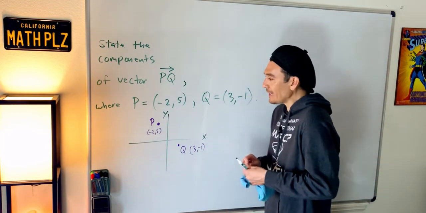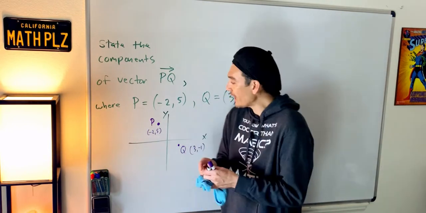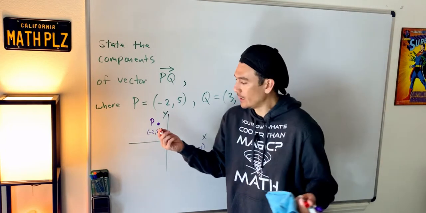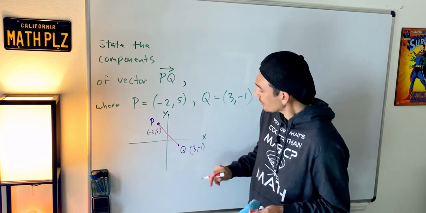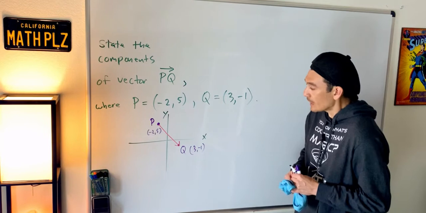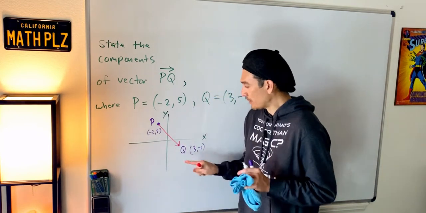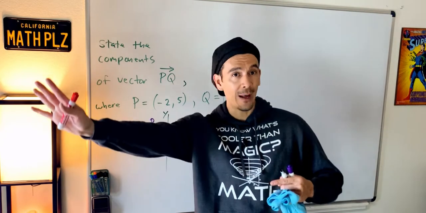To decide the components of the vector, maybe we can actually draw the vector. Draw a line segment from P to Q, but make sure you put a little arrowhead there. I want you to understand the context. In this chapter, this arrow does not mean that we go on forever in this direction.